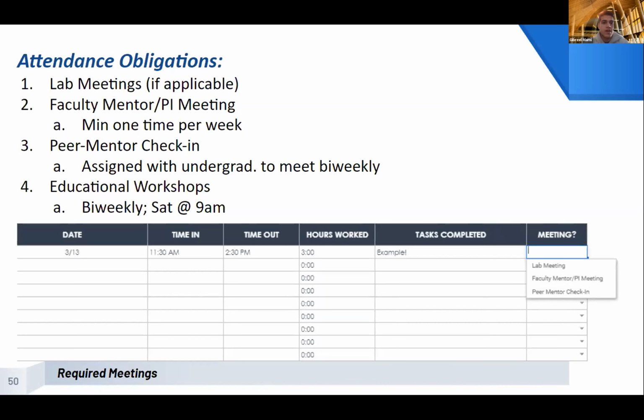All of you are assigned to one of us, and we want to meet bi-weekly to check up on really basic questions and make sure that you're progressing well. And then the educational workshops are bi-weekly on Saturday at 9 a.m. Obviously, 9 a.m. is the goal, but we'll always try to accommodate whatever everyone else wants.